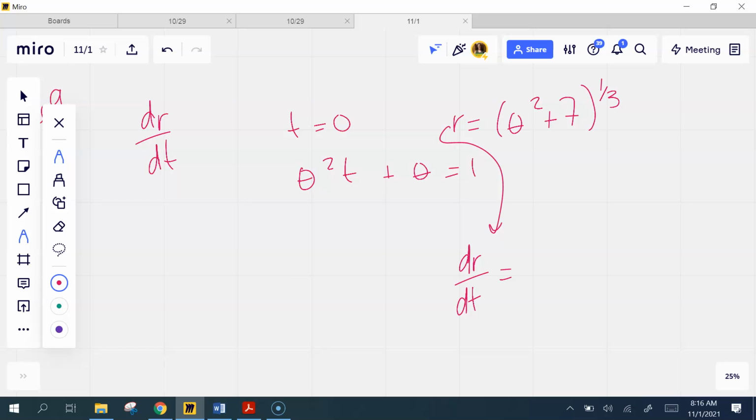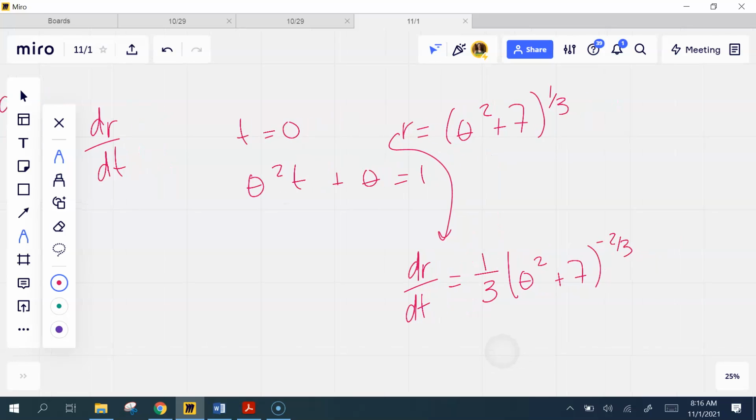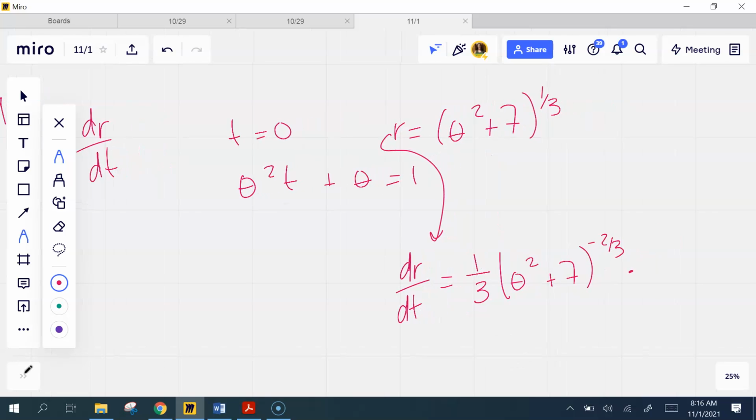So when I take the derivative of r with respect to t, I'm going to have to do 1/3 (theta squared plus 7) to the negative 2/3. Chain rule. But this one's going to be d theta dt.